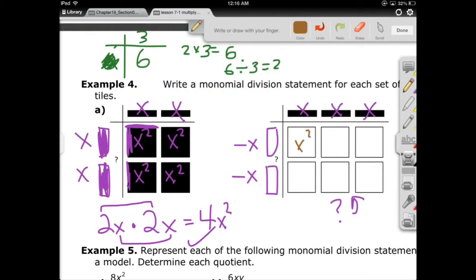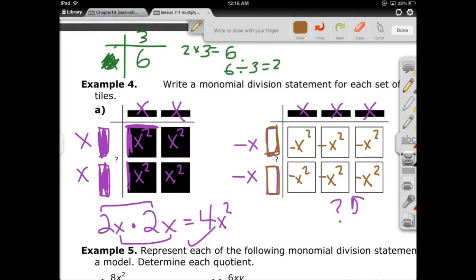Sure, these are x squareds, but since they're white, they only got that way because this is negative, right? It's white too. So let's do that. These are negative x squares. They're white.